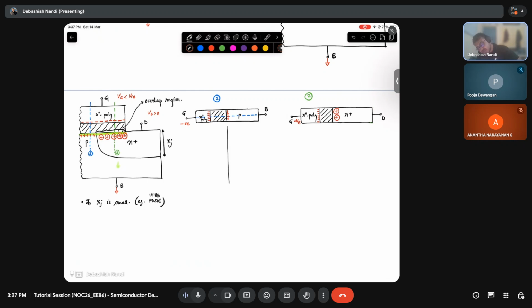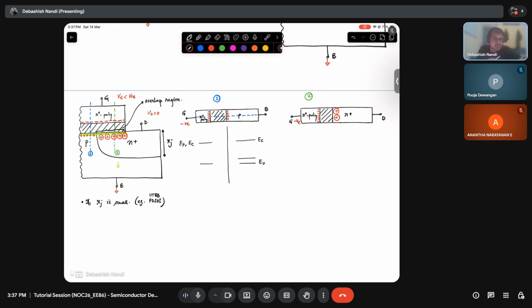First, this is your EC, this is your EV. The Fermi level is here, and the Fermi level for N plus poly is very near, almost at EC.